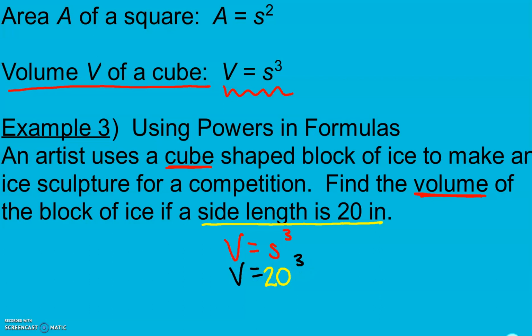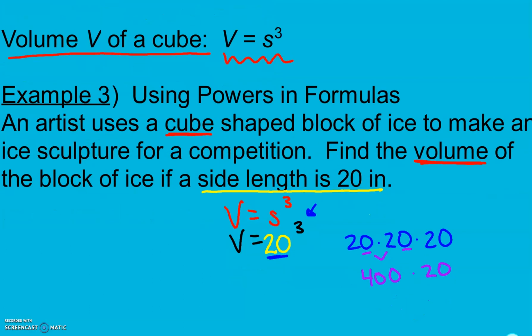So here we know that we can take our base times itself, exponent number of times, and then we can simplify. 20 times 20, 2 times 2 is 4, and then we have a 0 and a 0, so 400 times 20. And then I can take 4 times 2, which is 8.